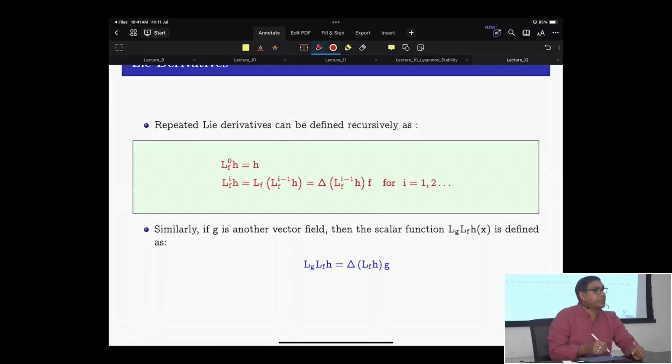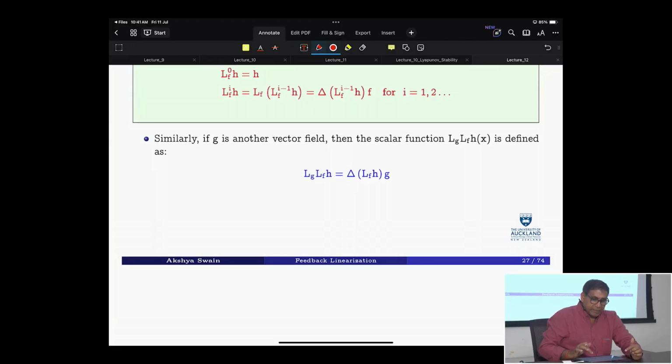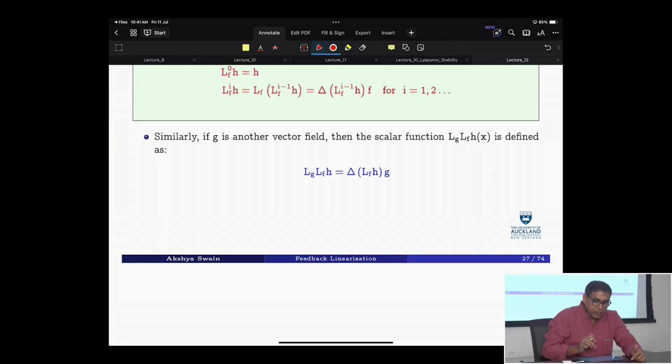See, L_f^0 h is h and this term. Similarly, L_g L_f h is equal to, see from the right hand side, del of L_f h by del x in the direction of g.